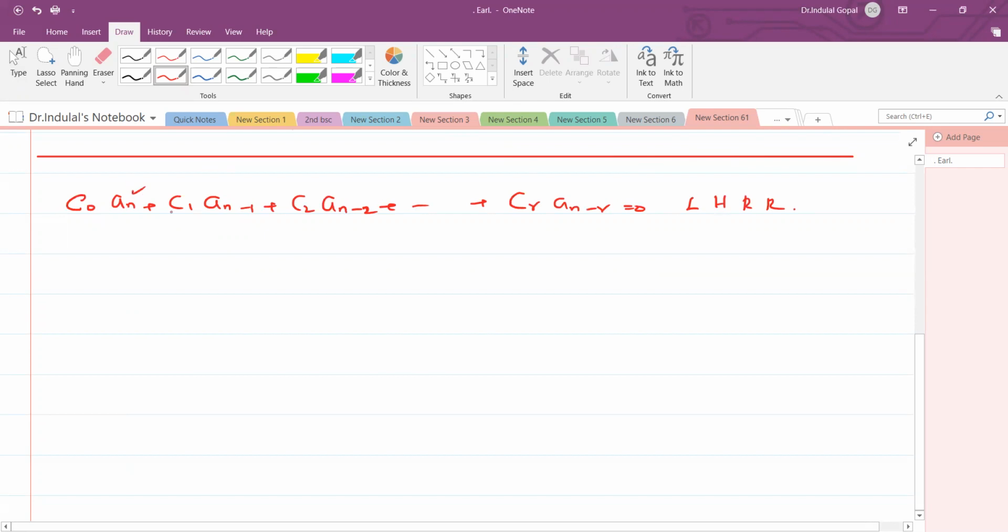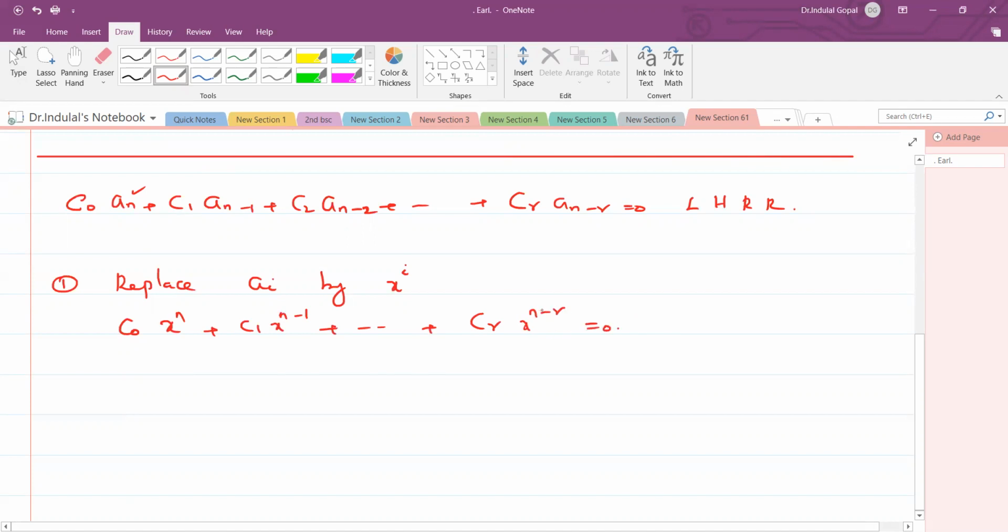We replace ai by x raised to i. Now the equation becomes c0 x raised to n plus c1 x raised to n minus 1 plus etc. plus cr x raised to n minus r equal to 0.